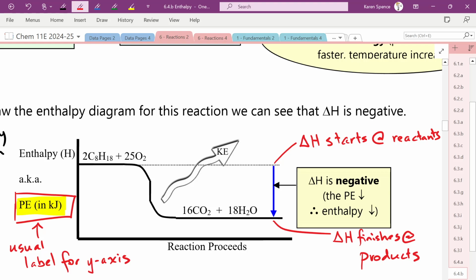You do not need to draw this squiggly kinetic energy line, arrow thing. Do not draw this. I'm not going to mark you wrong if you do, but it is unnecessary, and if you're doing it on an AP exam, they'll be like, why are you drawing that? It's just there to remind you, because we're just starting to learn this, that when the potential energy goes down, kinetic energy is released.